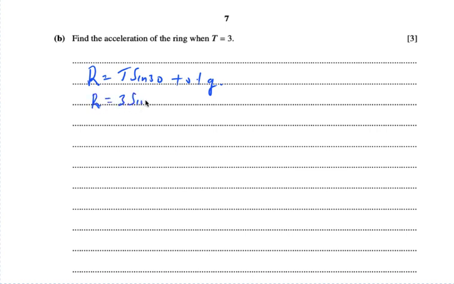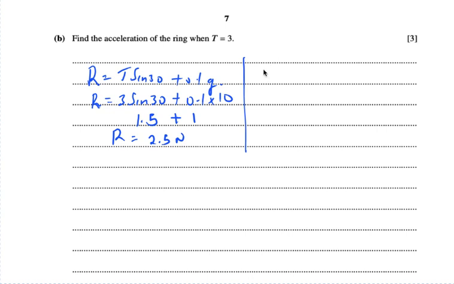So 3 sine 30 plus 0.1 times 10. So what is R? Checking on the calculator, sine 30 is 0.5, times 3 is 1.5, plus 1, because 0.1 times 10 is 1, so our R gives us 2.5 newtons. Okay, we shall just use that.